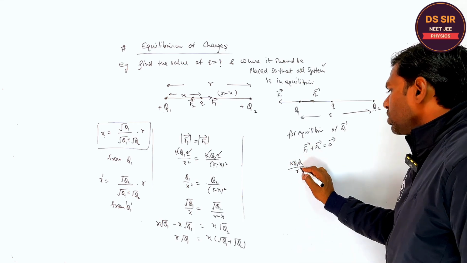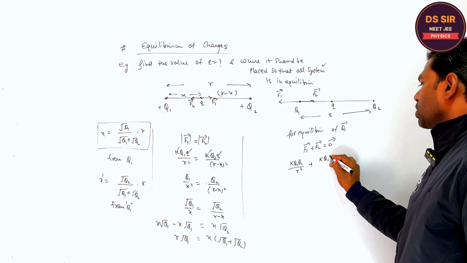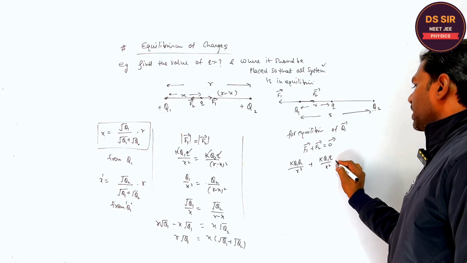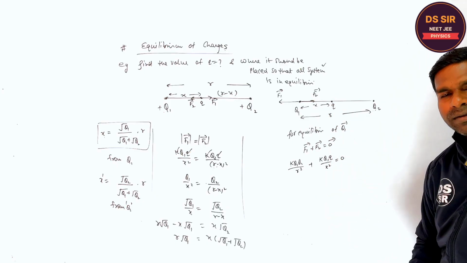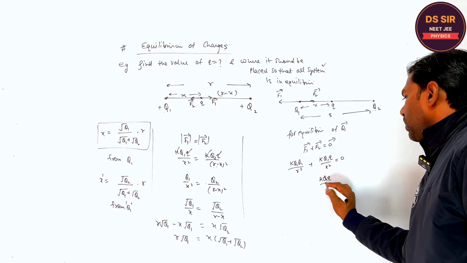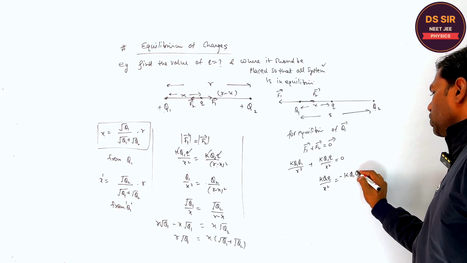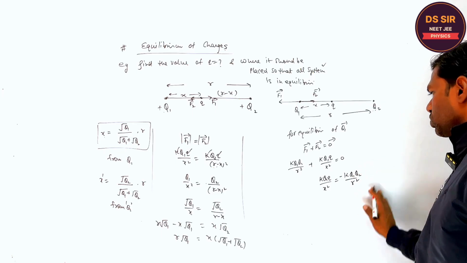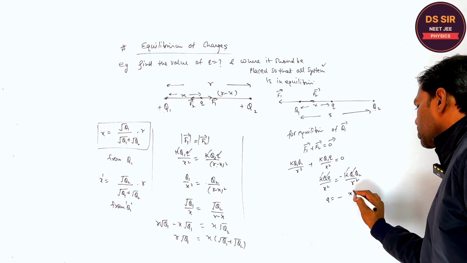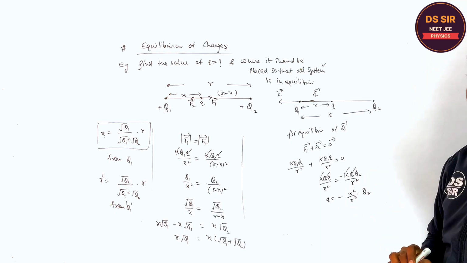Is it clear or not, you tell? The F2 is K Q1 Q upon x square, the separation between them, is equal to 0. So K Q1 Q upon x square, it goes this side, minus Q1 Q2 upon R square. K Q1 will cancel out: Q equals minus x square upon R square into Q2. Is it clear or not, you tell?